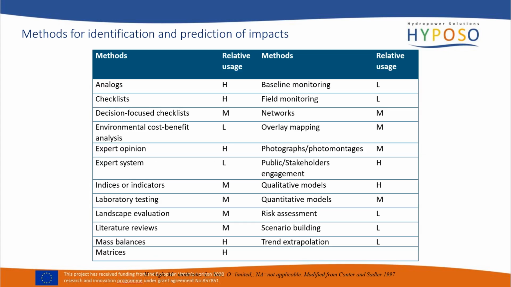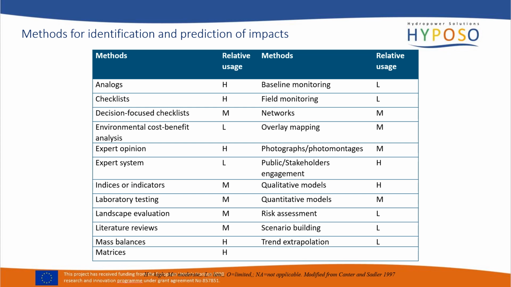So there are different types of methods, and this is just an example. For instance, analogs: if there is not too much information about a particular type of project, it's possible to use assessments in similar areas to get some of the impacts that are occurring and then try to assess them in the particular location where there is not much information.